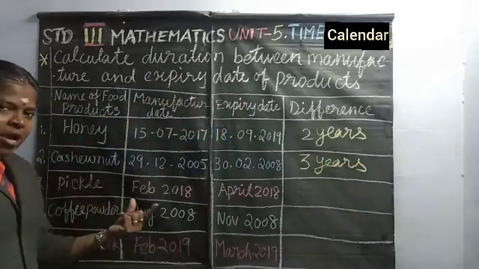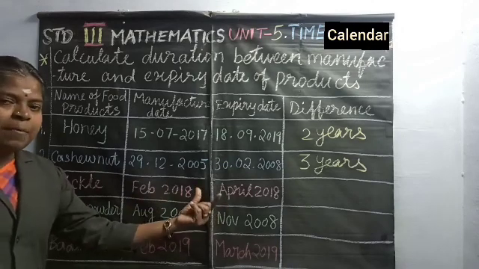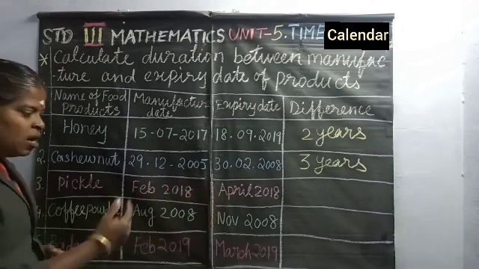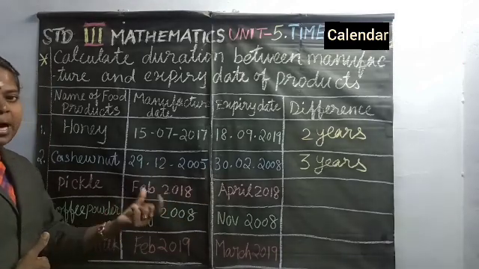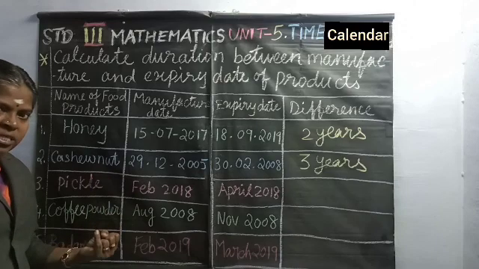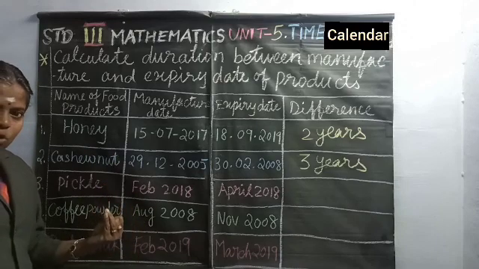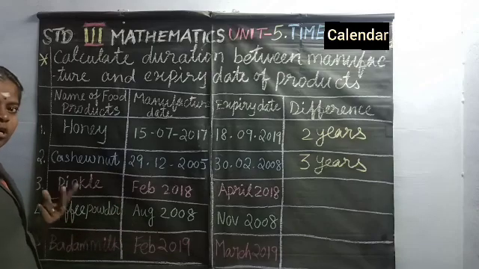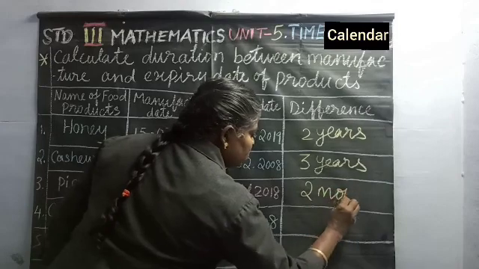Pickle. Manufacture date is February 2018. Expiry date is April 2018. Here, year is same. So we have to find the difference in month. So February, next March, April. So we can use this pickle for 2 months.